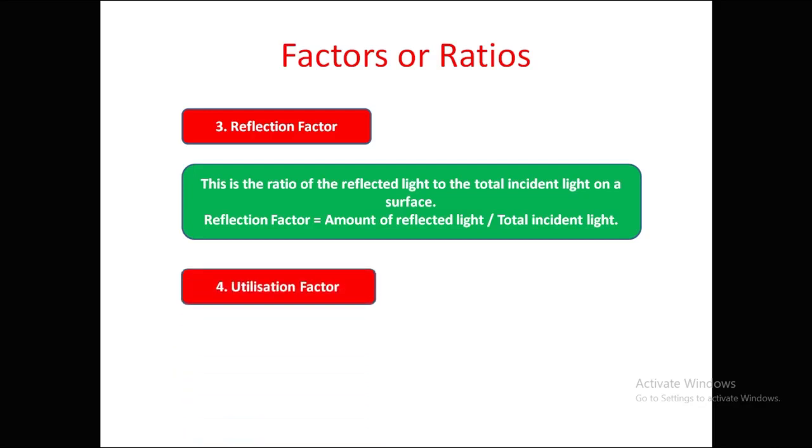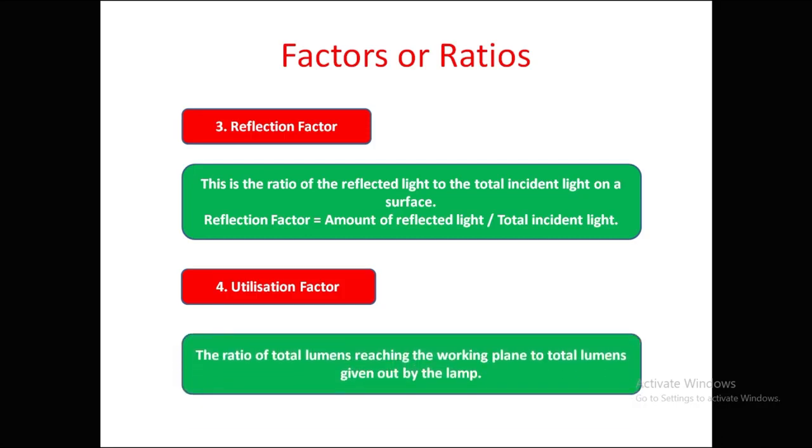Next, utilization factor. What is meant by utilization factor? The ratio of total lumens reaching the working plane to total lumens given out by the lamp. So there is so much energy given from the lamp, but we are unable to get the complete energy. Some energy is wasted in between. So that ratio is called utilization factor.